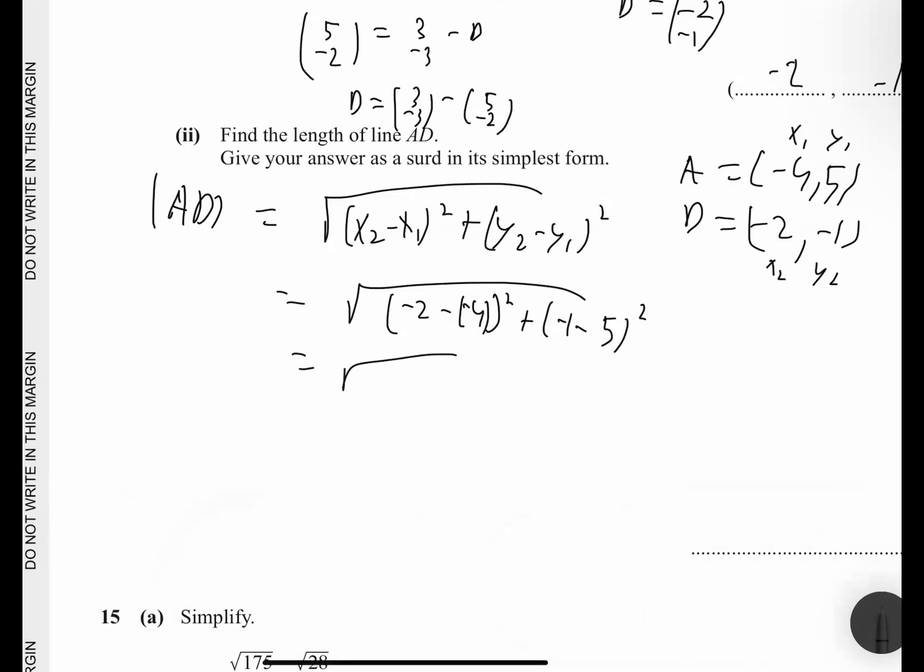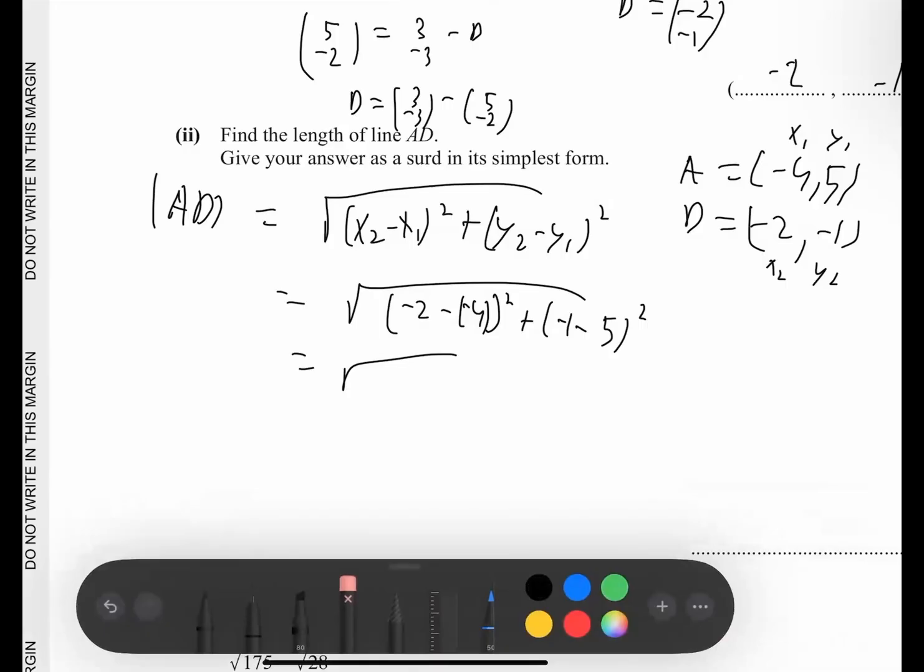Which is equal to minus 2 plus 4, so 2 whole squared, and minus 1 minus 5, so minus 6 whole squared. So it should be 4 plus 36, which is equal to root 40.